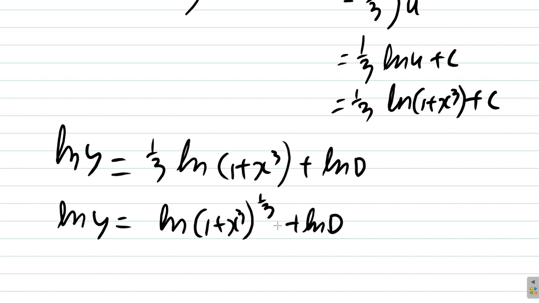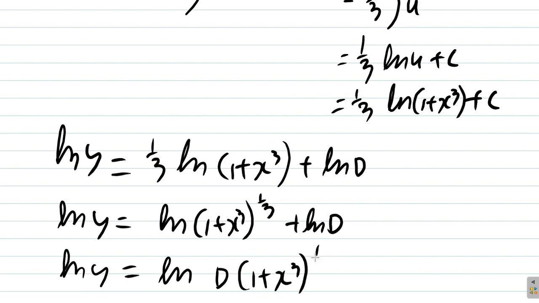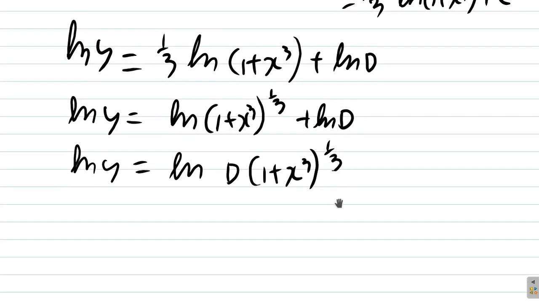But remember, ln of a number plus ln of another number is the ln of the product of those numbers. So we can say ln y is equal to ln of d times 1 plus x cubed to the 1/3. So there we have that.